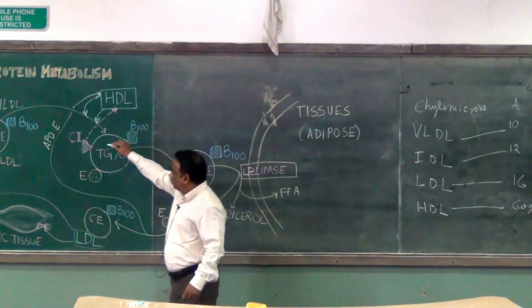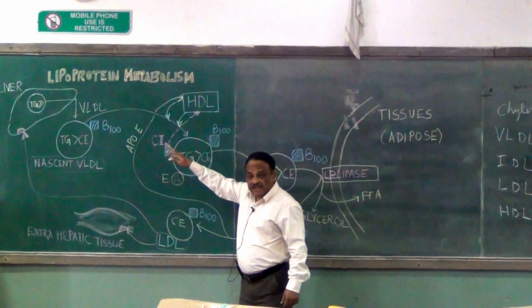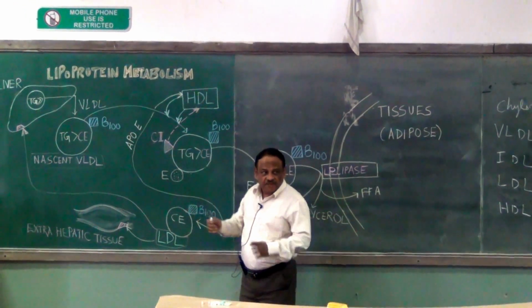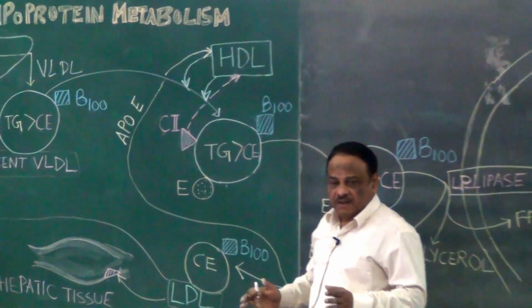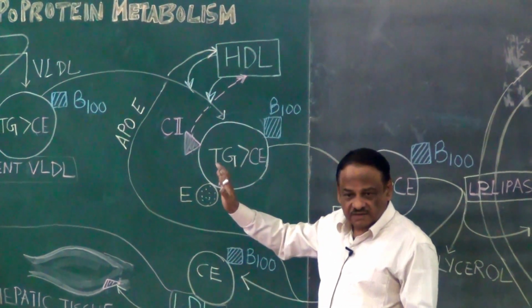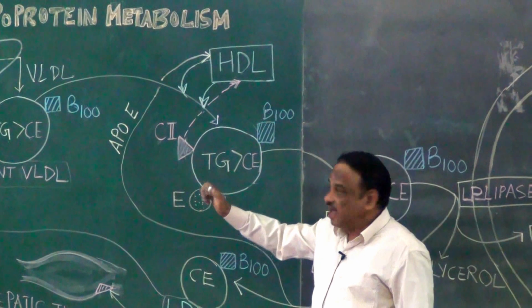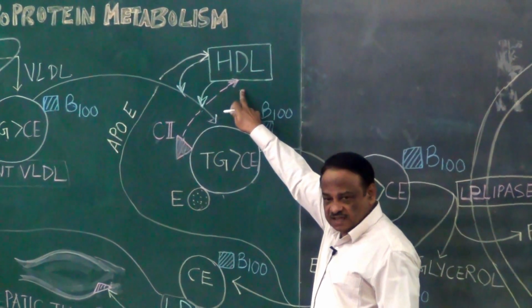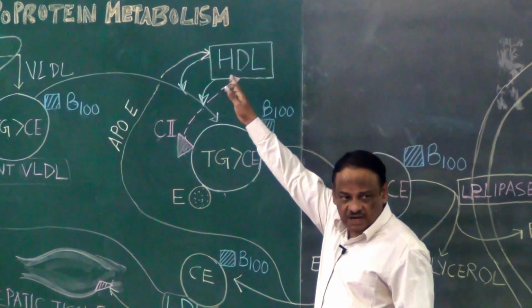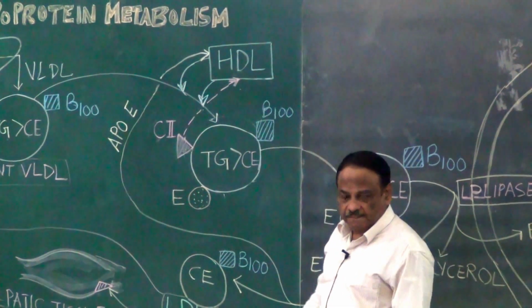The function of ApoC2 is to activate the lipoprotein lipase. Once the lipoprotein lipase is activated, the C2 is not required, and so the C2 returns back to HDL, to the original place.